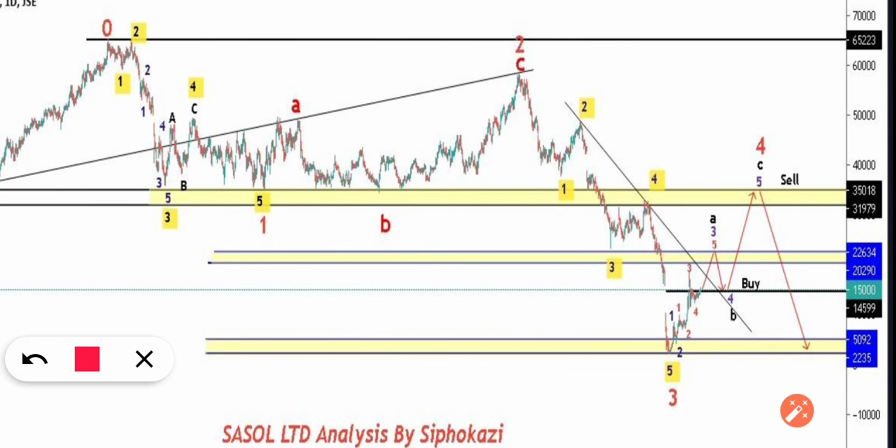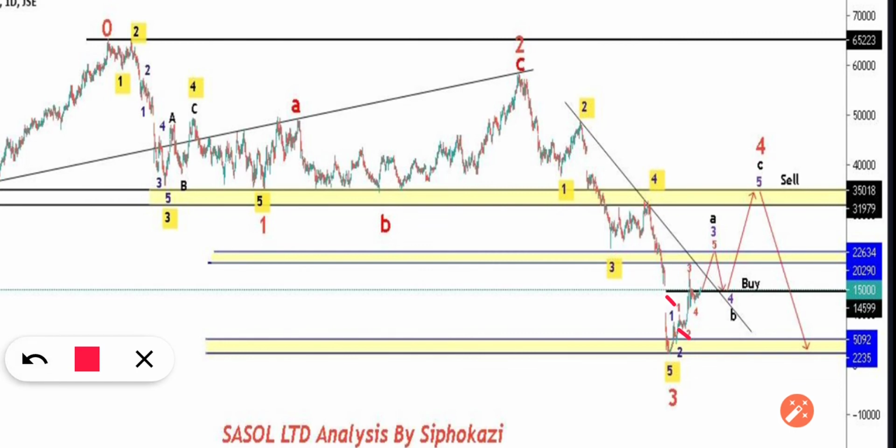Currently, right now, I'm at the end of the big red wave 3. I have the blue or purple, you might say, 1 and 2. And it seems like my blue 3 is extending. And that is why I labeled the waves of the extension with a red 1, 2, 3, and 4.